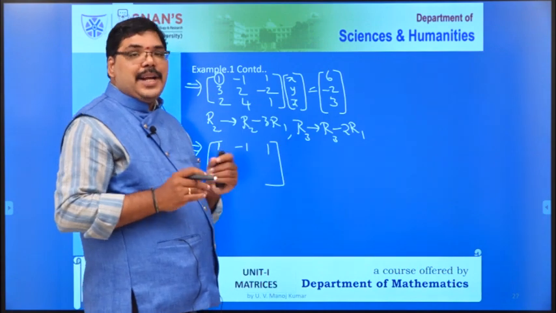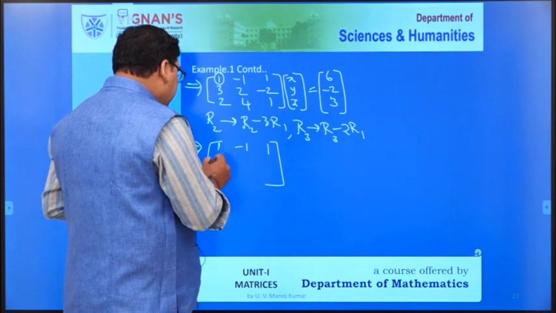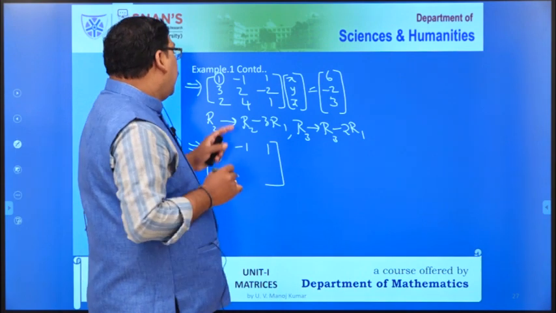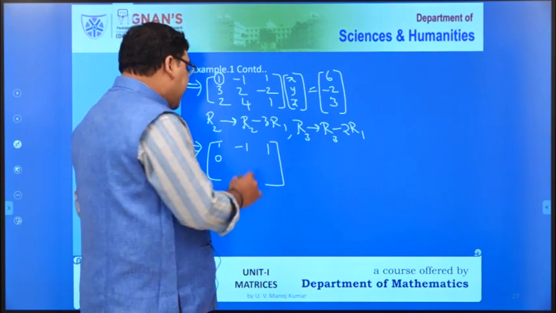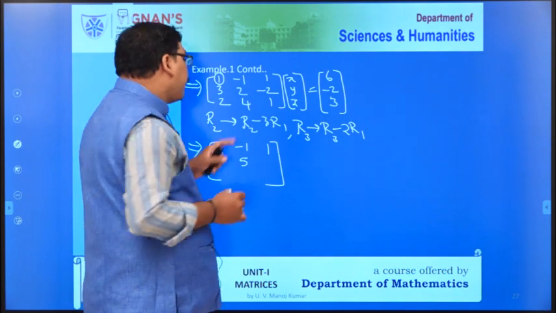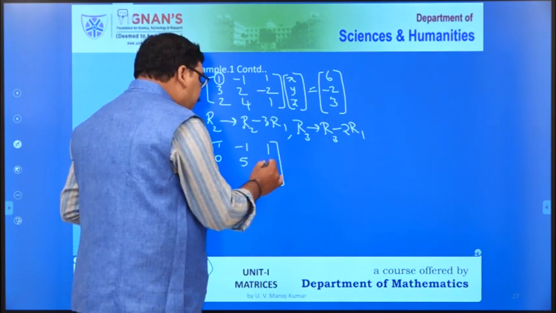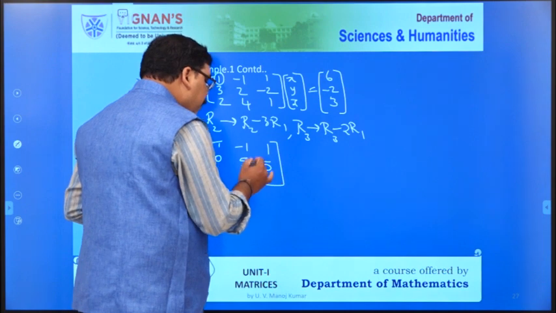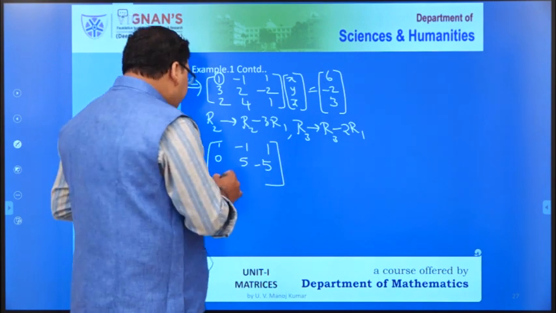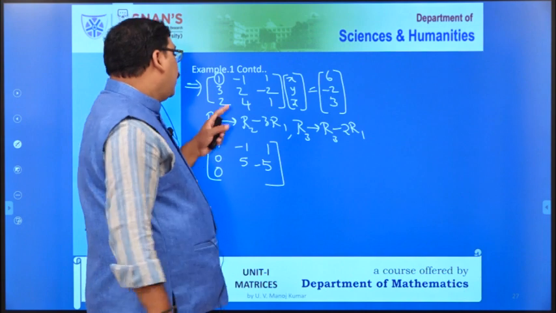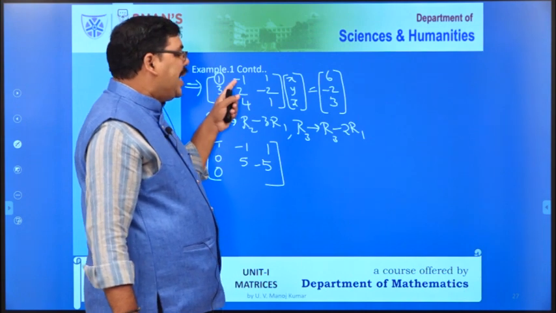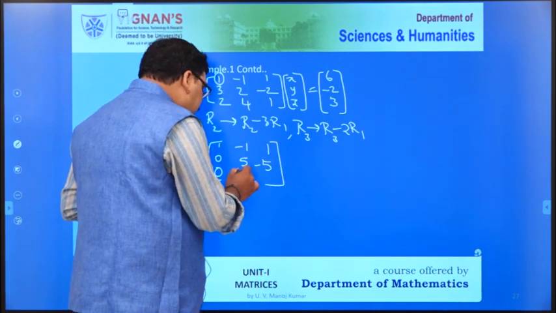We will change the second row. The second row will be 3 minus 3, 0. 2 minus of minus 3, 2 plus 3, 5. Minus 2 minus 3, minus 5. 2 minus 2 becomes 0. 4 minus of minus 2, 4 plus 2 becomes 6.